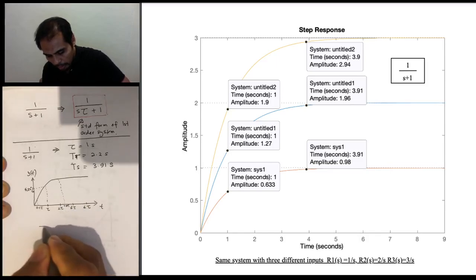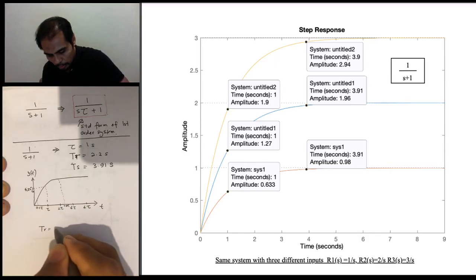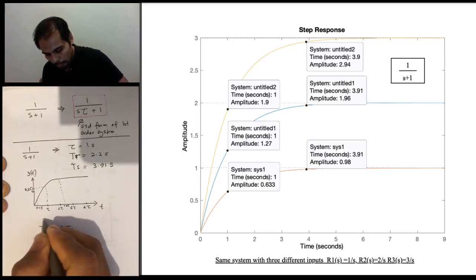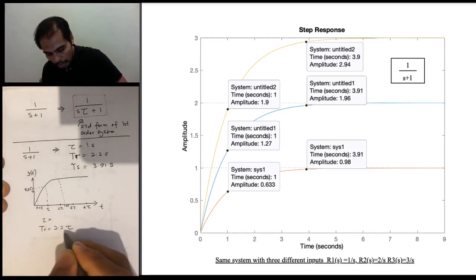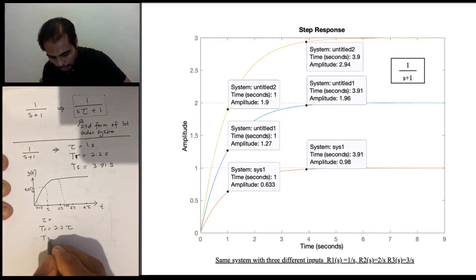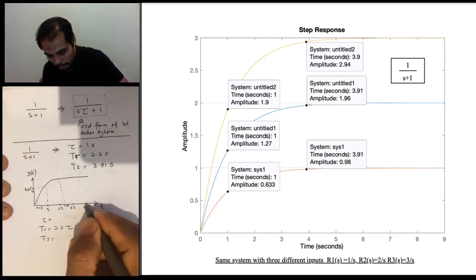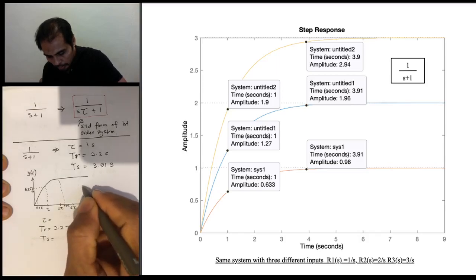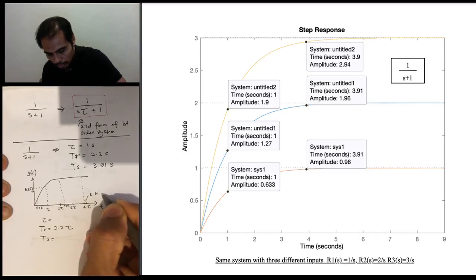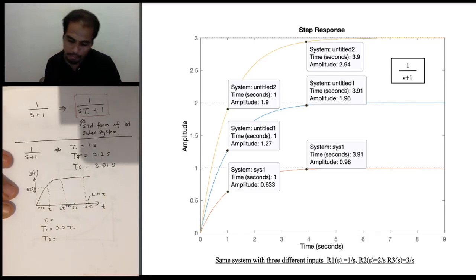So we can find that the rise time tr equals 2.2 tau. Regardless of the transfer function, the settling time ts will be somewhere here, 3.91 tau.